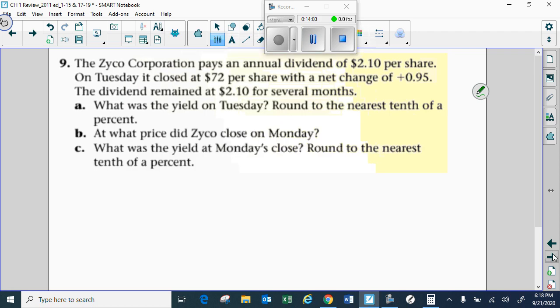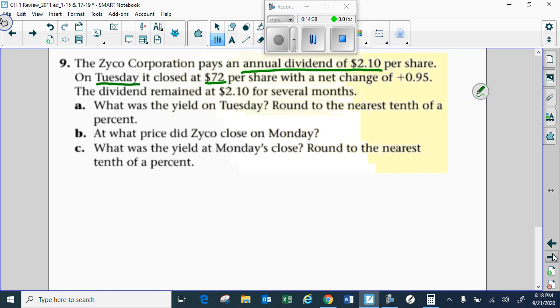Okay, number 9. The Zyco Corporation pays an annual dividend of $2.10 per share. Annual, again, you have to pay attention to annual versus quarterly or semi-annually. On Tuesday, it closed at $72 per share with a net change of 95 cents. That means the dividend remained at $2.10 for several months. What was the yield on Tuesday? So it closed at $72 per share on Tuesday.